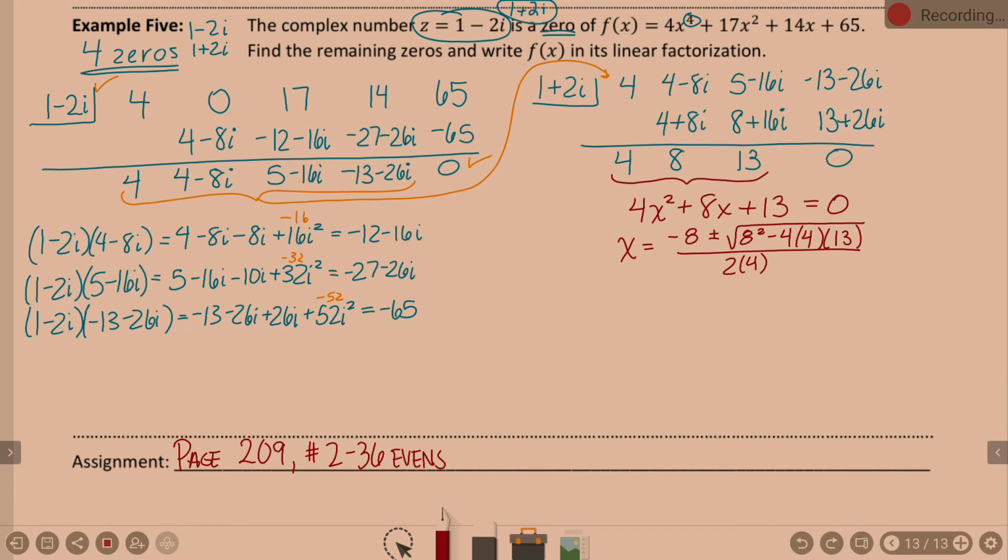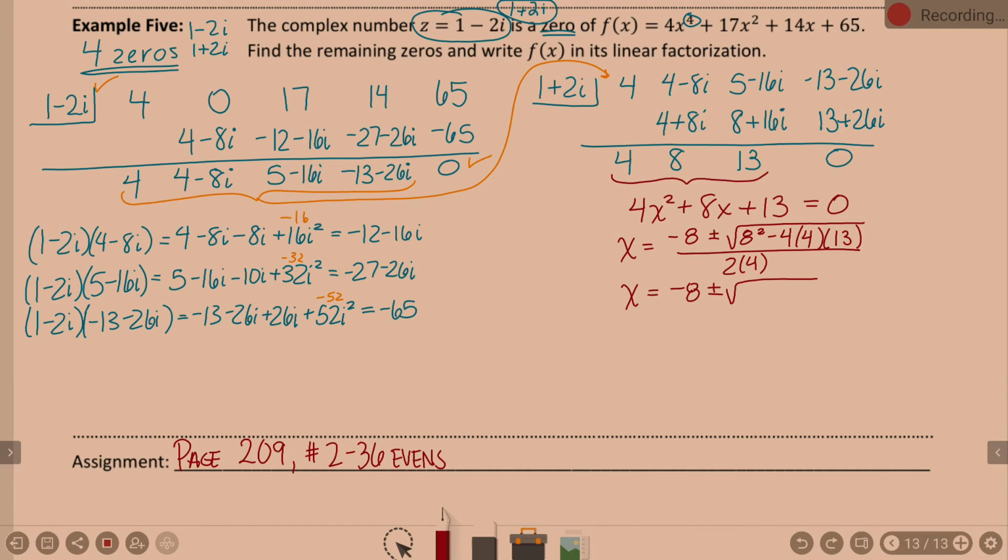Sound familiar? Negative 8 plus or minus, okay, I know 8 squared is 64, I got that much.